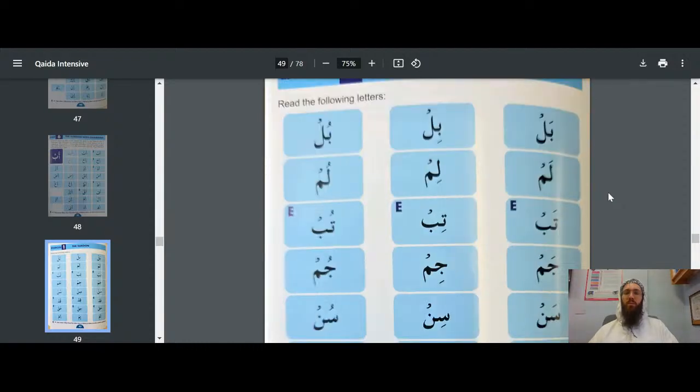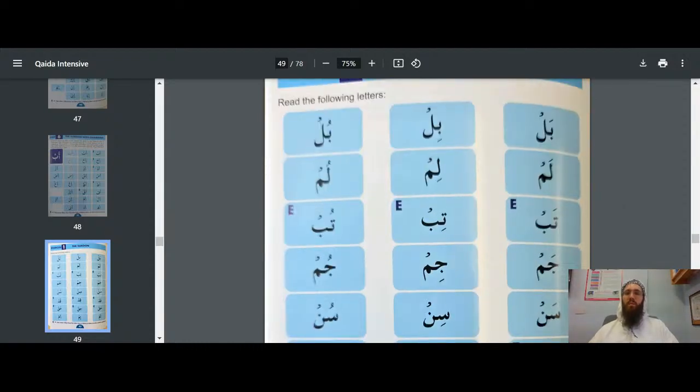Now let's look at some more. Now we're mixing up the letters. So instead of it starting with a hamza and then having a second letter with a sukun, it is starting with different letters and the second letter is different, of course, as well.